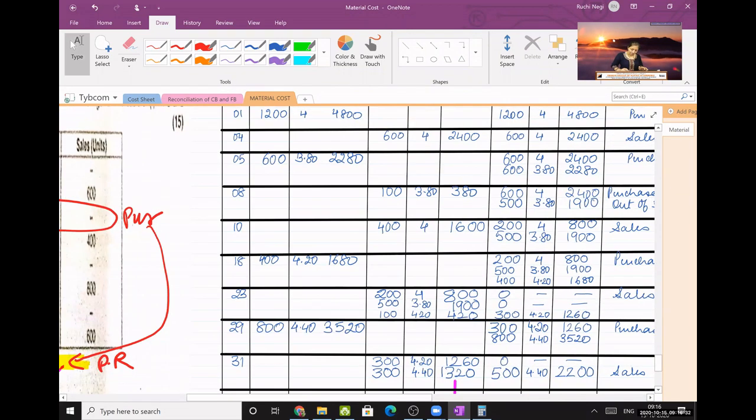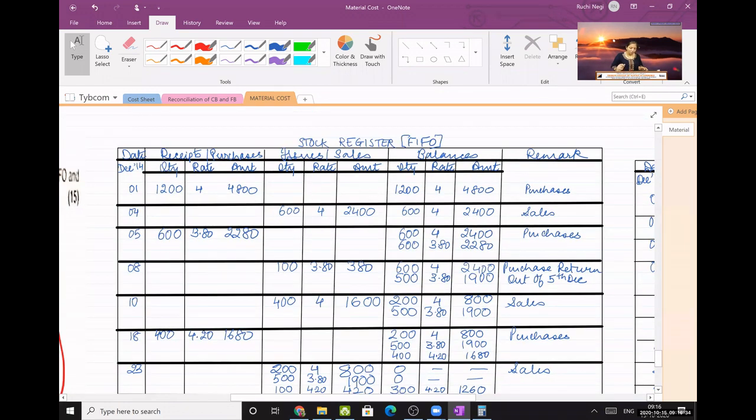Start with making a stock register: date, receipts, issues, balances and remark column.